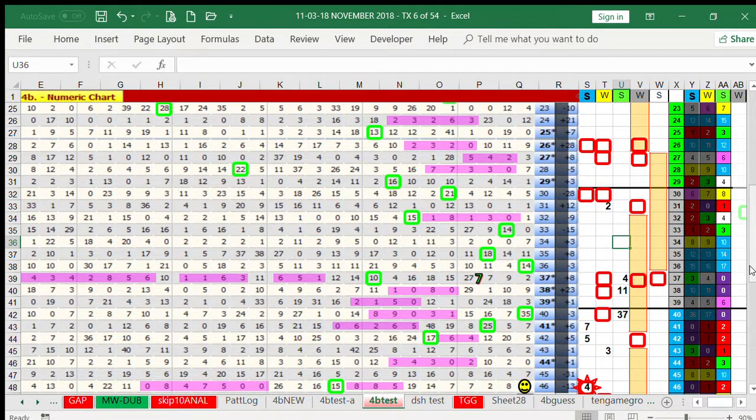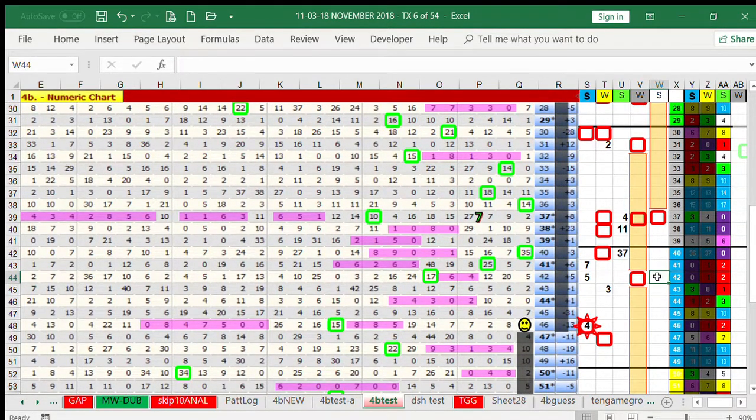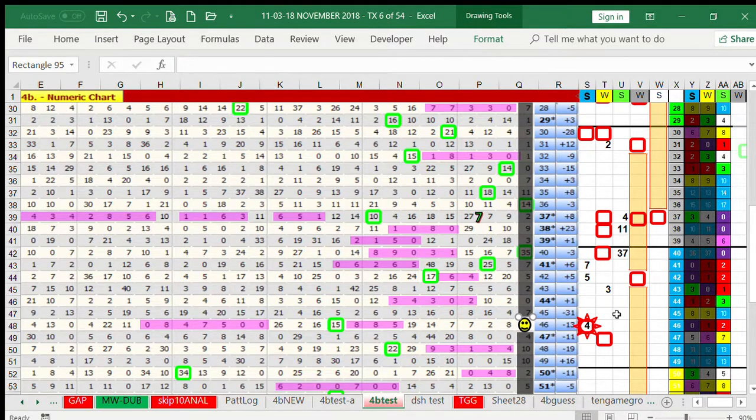So let's see, continuing down from the 37, I came to the 42, and the 42 I picked because it's a reverse flag position, right? It was 12:20, so that's 2 cold periods, and then you had the reverse flag position here.